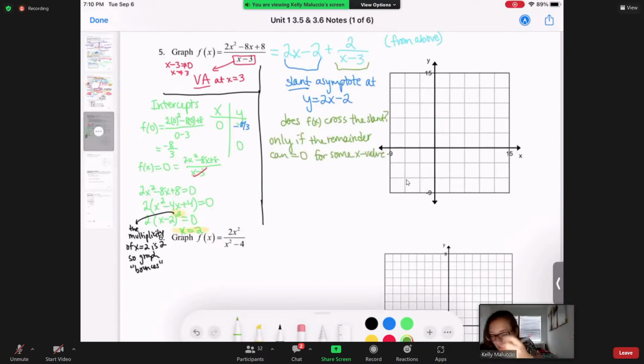In this case, we have 2 over x minus 3 equal to 0. The only way this could happen is if the numerator, which is 2, equals 0, which it's not. So does it cross? No, it's not going to cross this slant asymptote.